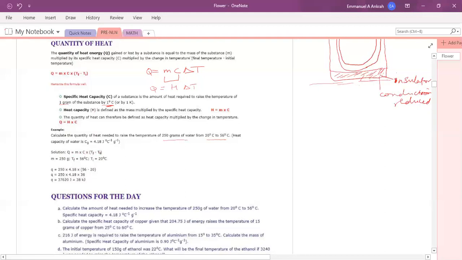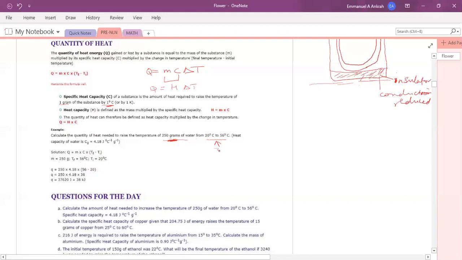What have you been given? You've been given the mass of the water as 250 grams. The initial temperature is 20, and the final temperature is 56, so you're heating it from 20 to 56. The change in temperature is the final temperature minus the initial temperature, 56 minus 20, which is 36.